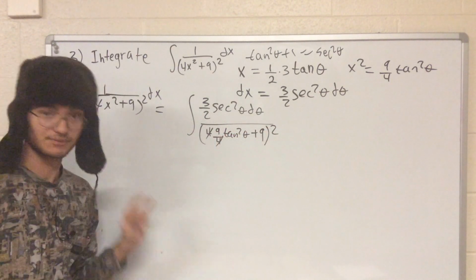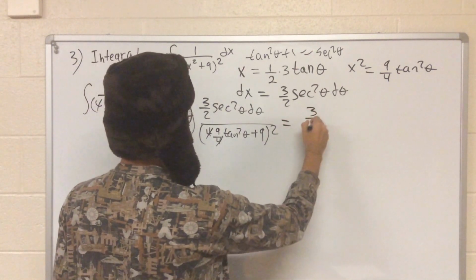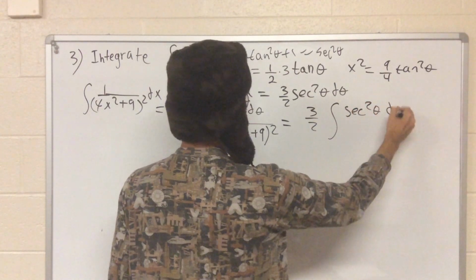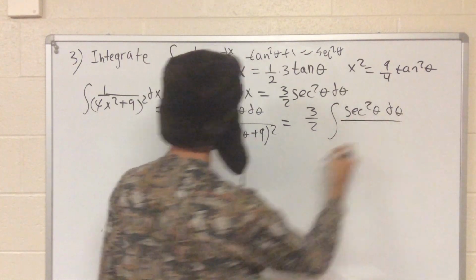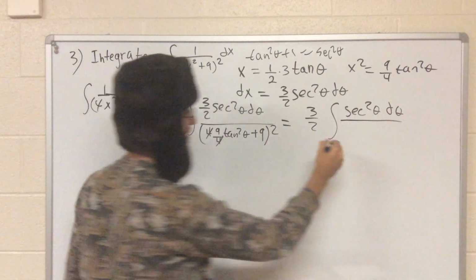Over here we can factor out 9. So eventually we're going to have 3/2 integral of secant squared theta d theta, and then we're going to divide that by factor out 9 squared.